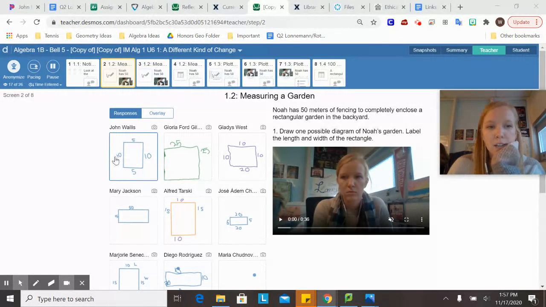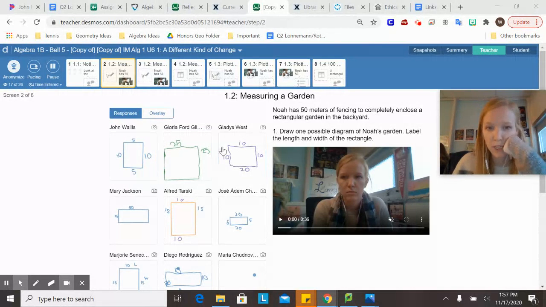They had the length being 10 and the width being 5. If I found the area of that, it would be 50 because it'd be 5 times 10. But if I'm talking about the perimeter, 10 plus 10 plus 5 plus 5 is only equal to 30. So that one does not work.